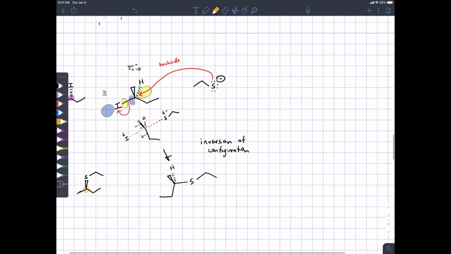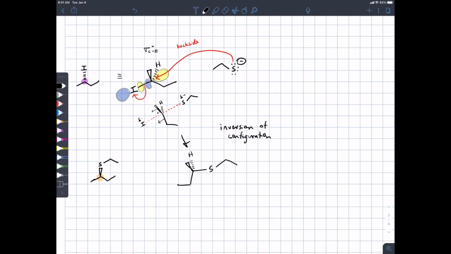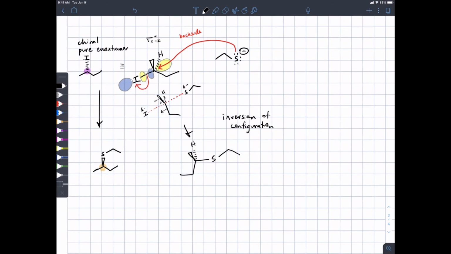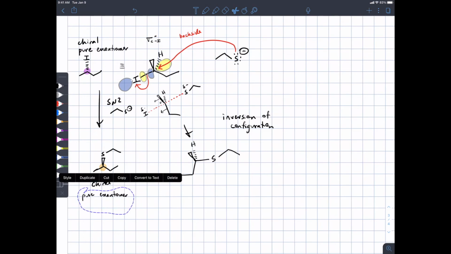And it means that if you take a chiral and enantiomerically pure sample and you run an Sn2 reaction with a good nucleophile, you're going to get a chiral and enantiomerically pure product. You retain what we call stereochemical information.